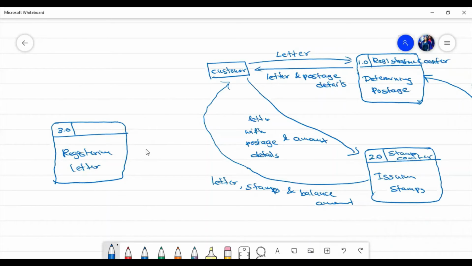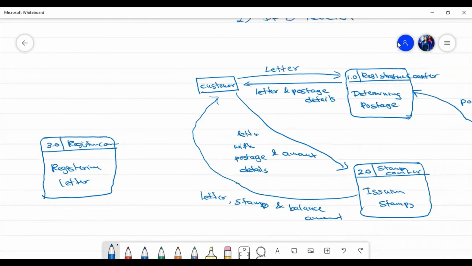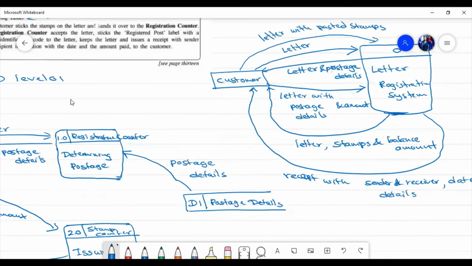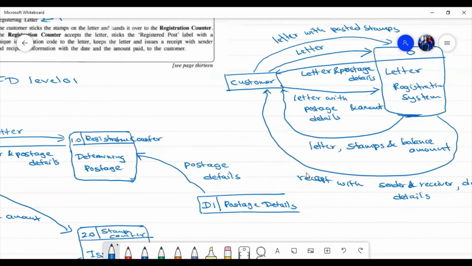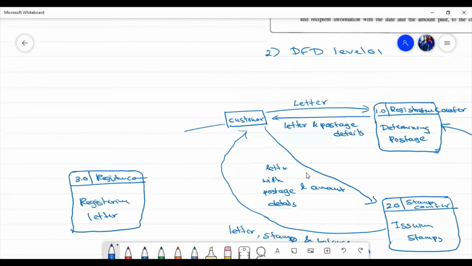And it is happening on the registration counter, right? So the customer will give the letter back, no? So, the letter with pasted stamps. Here the customer will provide the letter with pasted stamps, right?